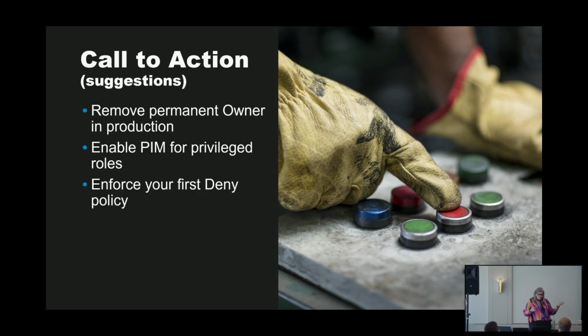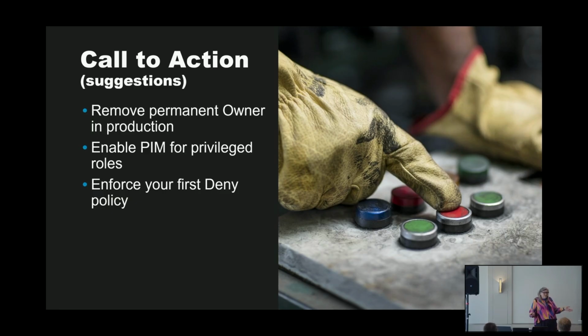And if you don't have any policies in place, come up with some rule that you do have and add it as a policy. If you do have policies in place, they may all be audit. Try to find those that you can actually enforce as deny, so you get one step further in this journey.